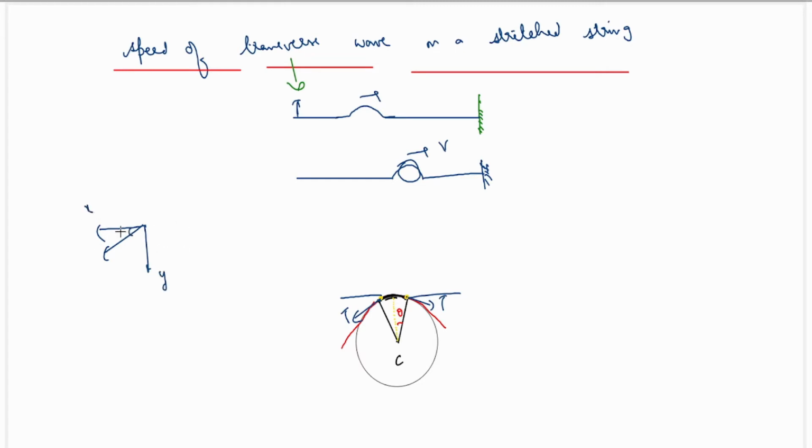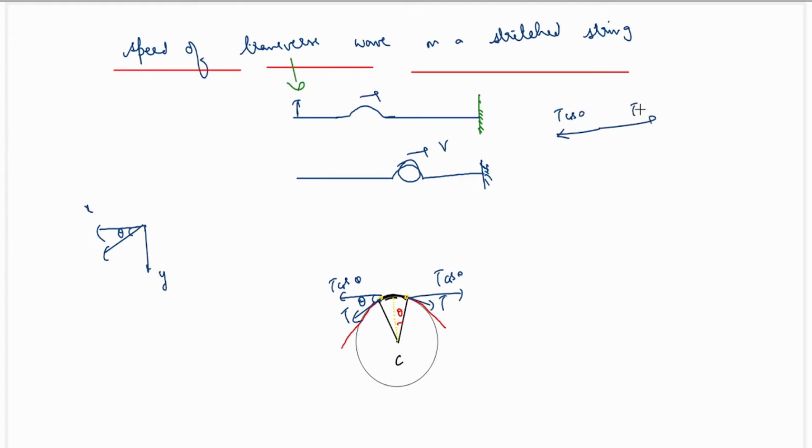The angle made would be theta. This component would be T cos theta, and also this component would be T cos theta. And then the component towards the center would be T sin theta. So we have four components now. One component is like this, which is T cos theta.